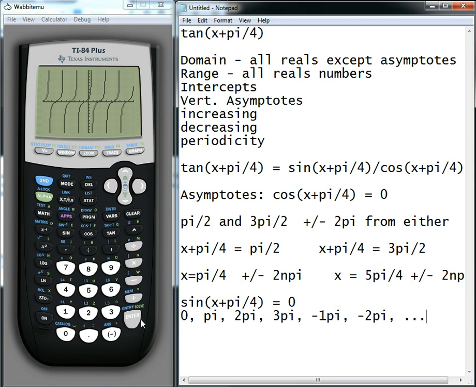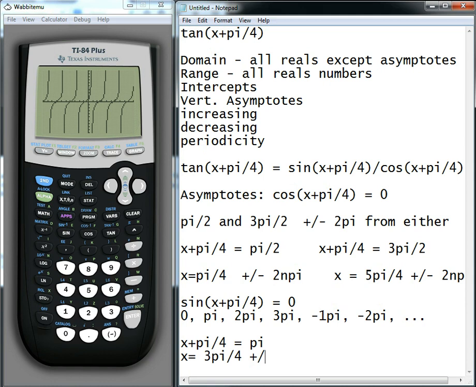But again, we have this little shift here, this plus pi over 4. So you need to take these and set x plus pi over 4 equal to each of these things. Actually, we'll use pi. So we subtract pi over 4 on each side, which gives us x equals 3 pi over 4.